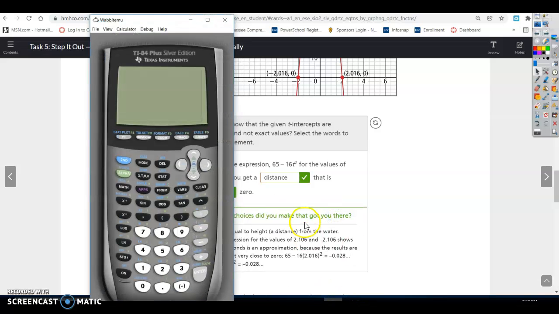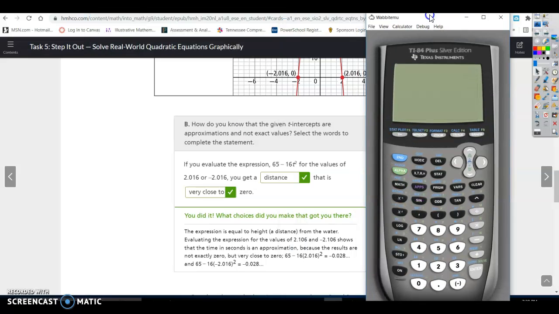And you can check that using your calculator. Just plug that in. So if you want to see if it's going to equal 0, just do 65 minus 16, and then instead of t, we're going to put in 2.016, and then we're going to square that.